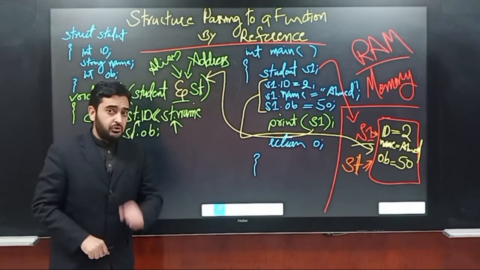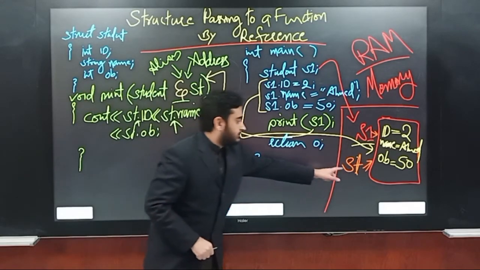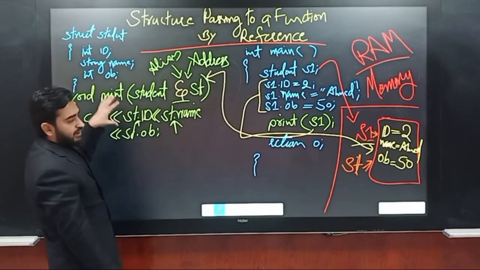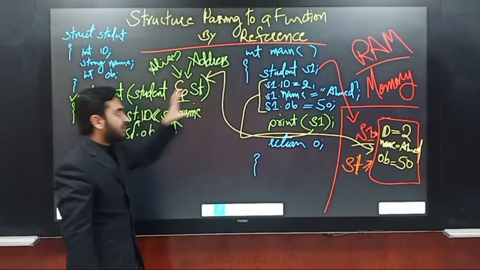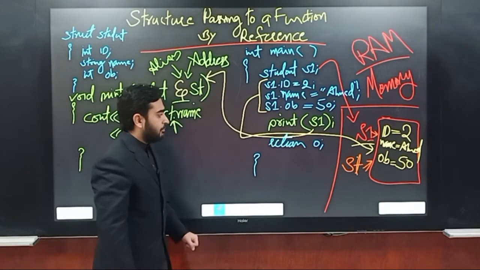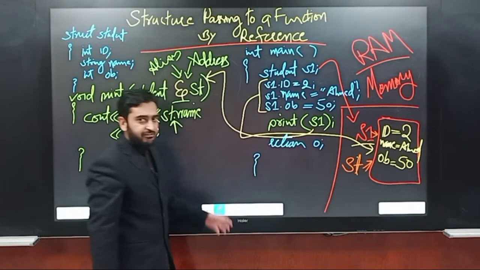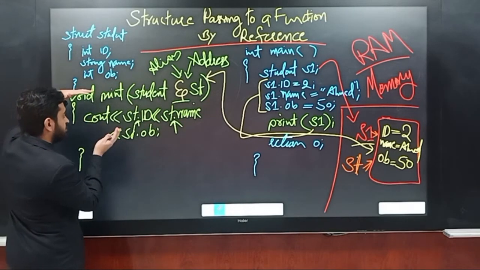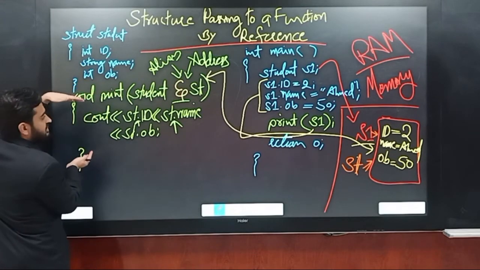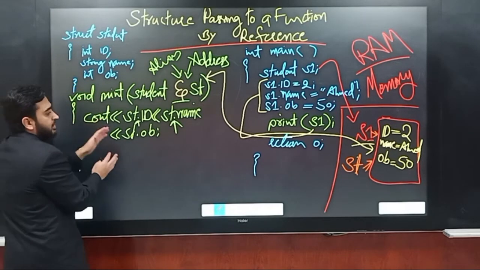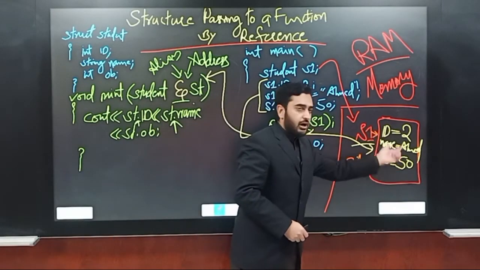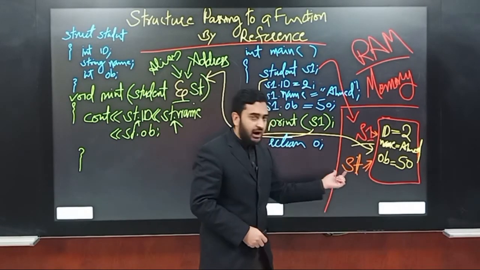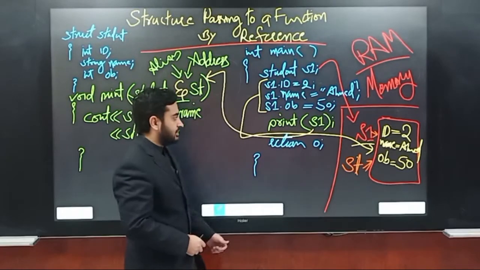One thing should be noted here: through st we can access the same location from the user defined function and not from the main function, because the scope of st is only this block.